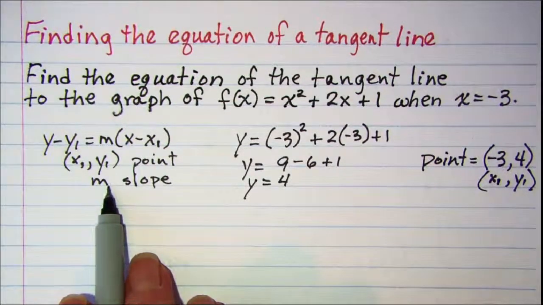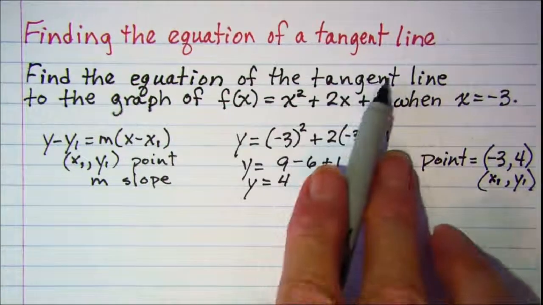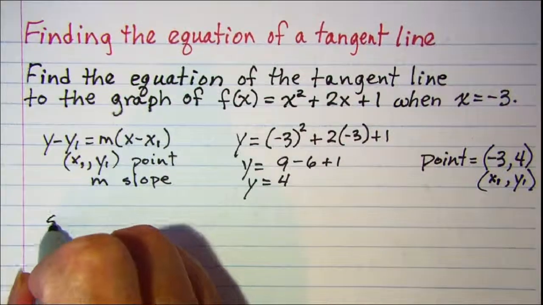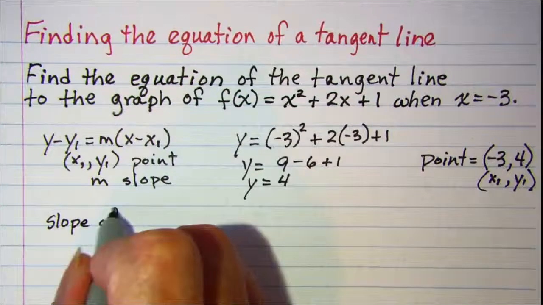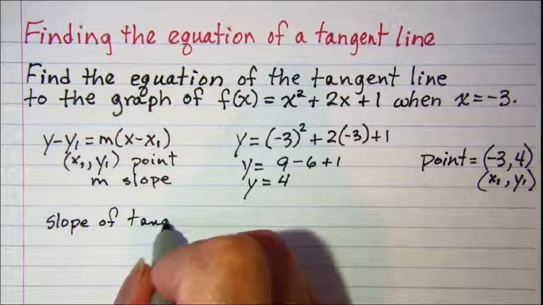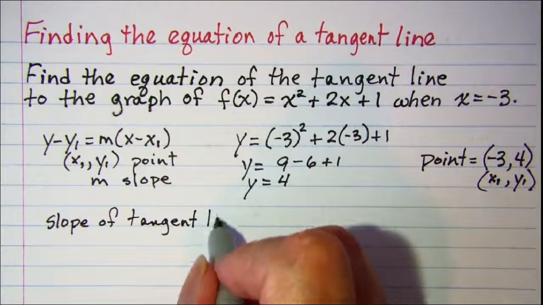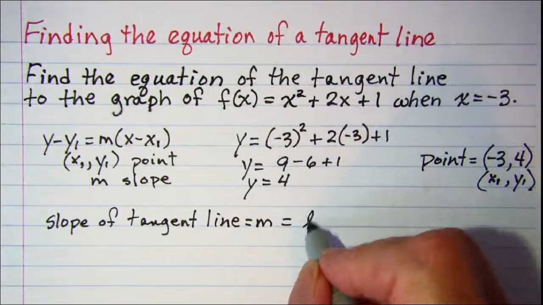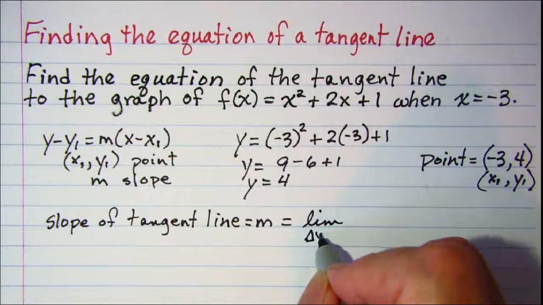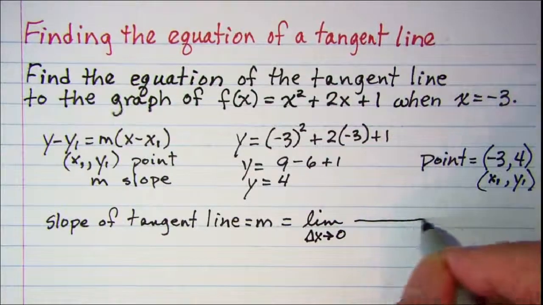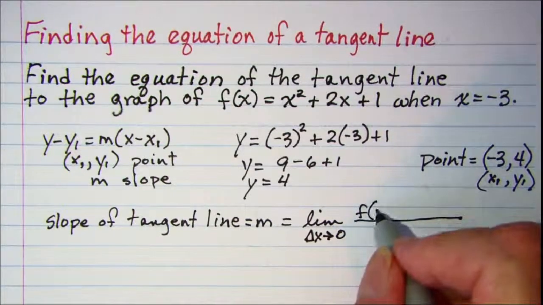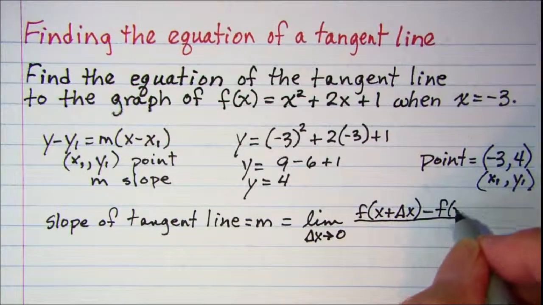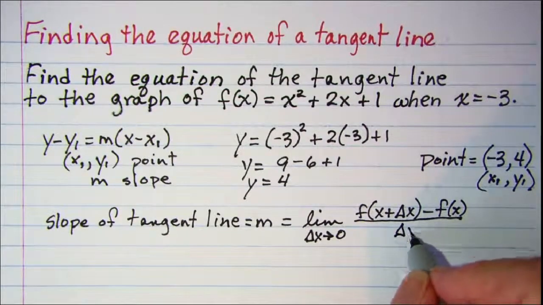Now I still need the slope. The slope of my tangent line can be found with our definition. The slope of the tangent line, and we'll call that m, is the limit as delta x approaches 0 of f of x plus delta x subtract f of x divided by delta x.